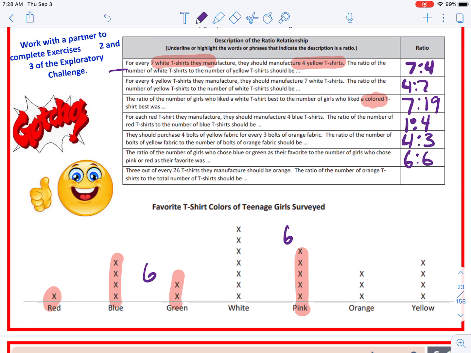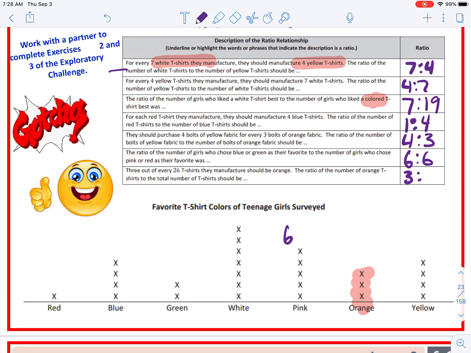3 out of every 26 t-shirts they manufacture should be orange. The ratio of the number of orange t-shirts to the total number of t-shirts should be, so now we have to look at the number of orange t-shirts, because that's what's going to go first, and that's 3.